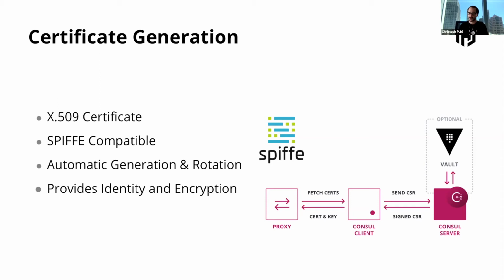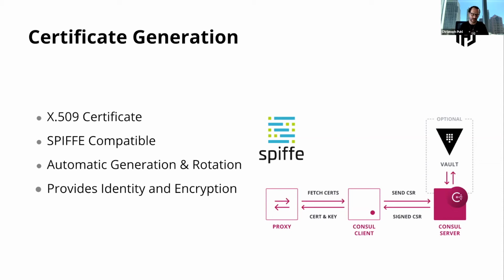This is all completely automated in Consul. We are shipping an integrated CA functionality, or if you want, you can also hook up an external CA like HashiCorp Vault or AWS PCA. And the complete life cycle of generating service certificates and installing those in the sidecar proxies is handled by the Consul clients.